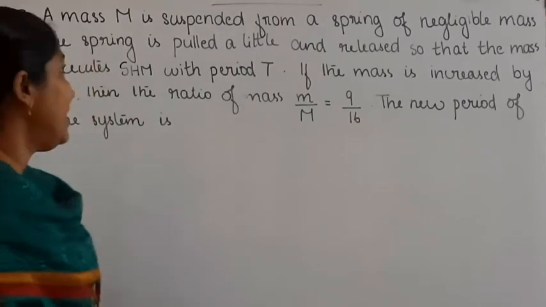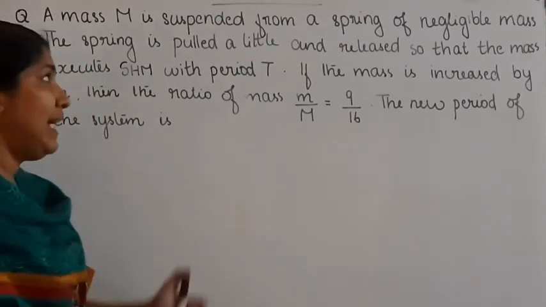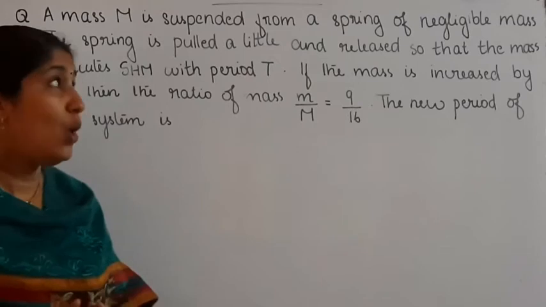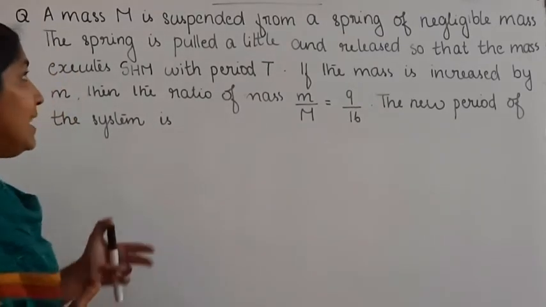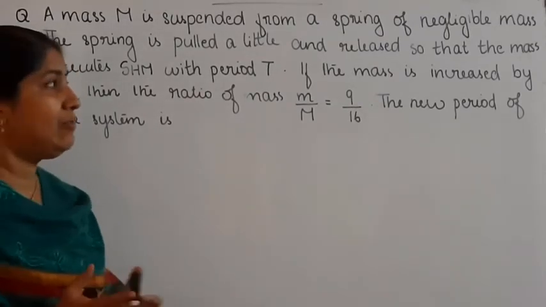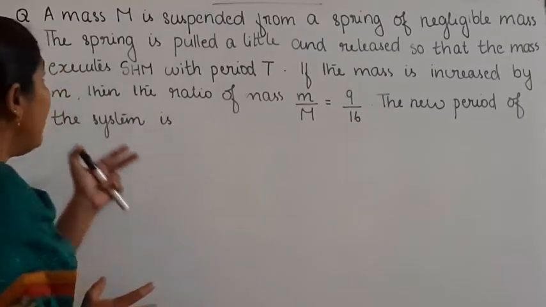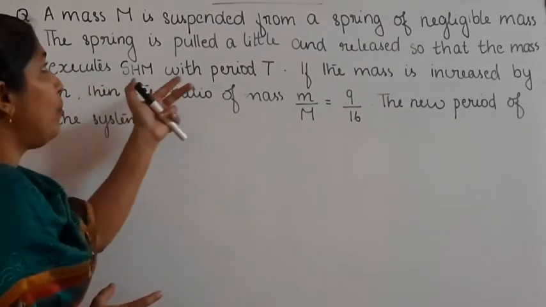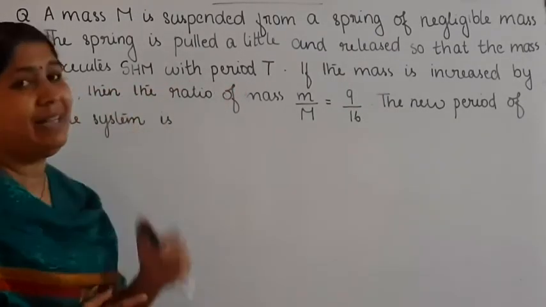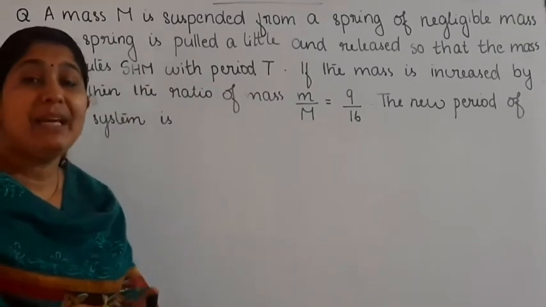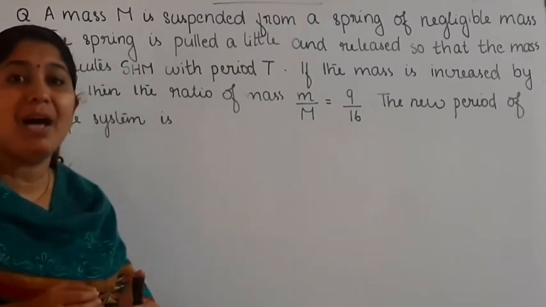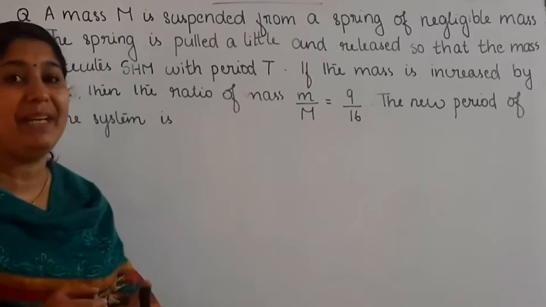Our first question. A mass capital M is suspended from a spring of negligible mass. The spring is pulled a little and released so that the mass executes simple harmonic motion with the time period t.